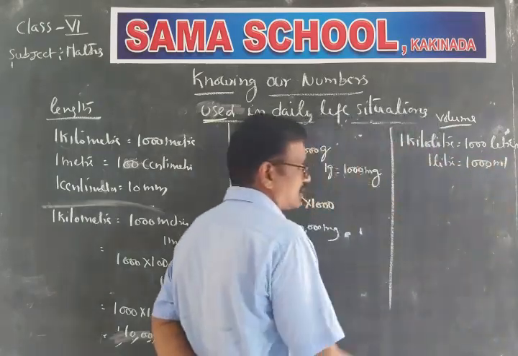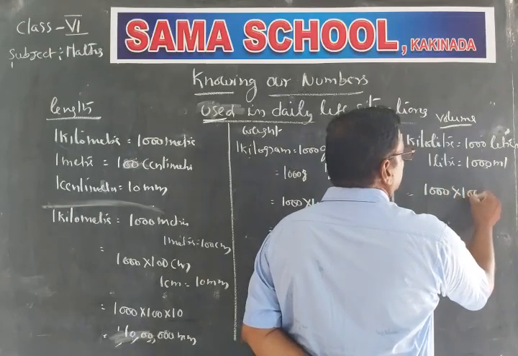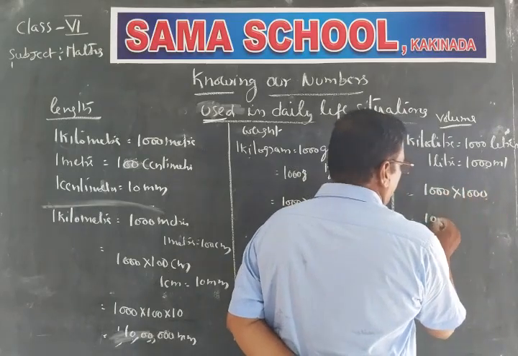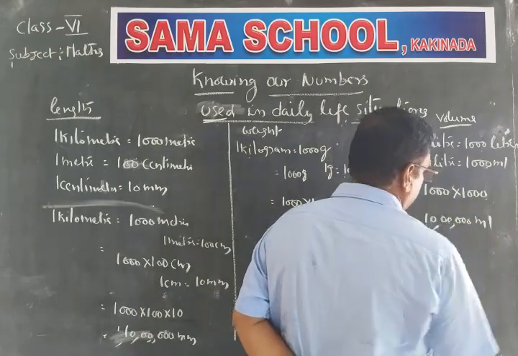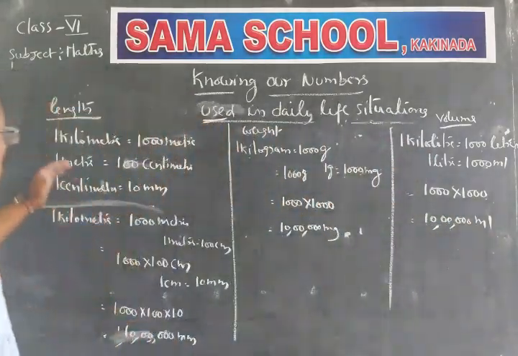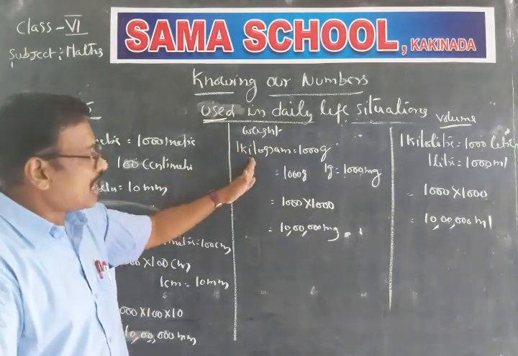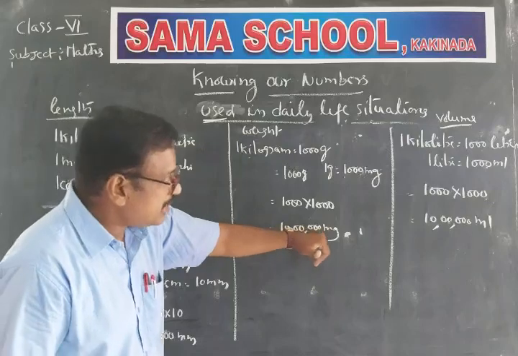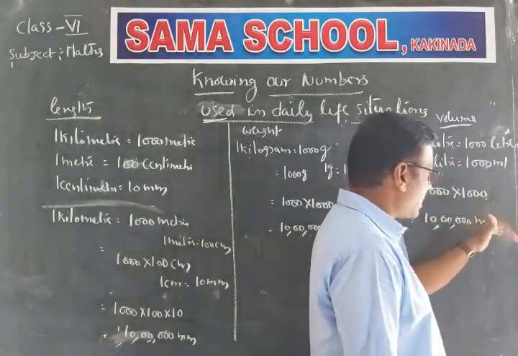So you write 1000 into 1000, that is 10 lakh milliliters. So kilometer converts to 10 lakh millimeters, kilogram to 10 lakh milligrams, and kiloliter to 10 lakh ml.